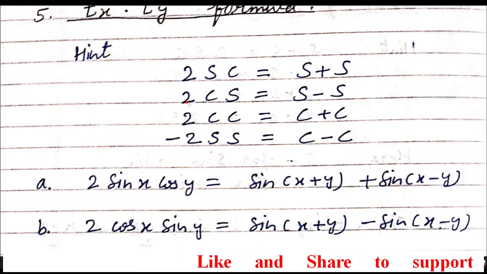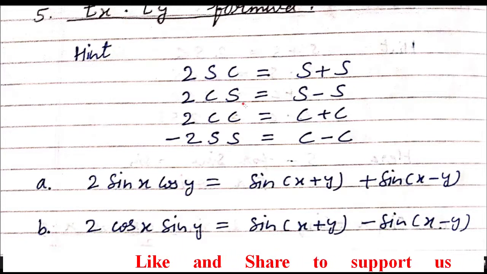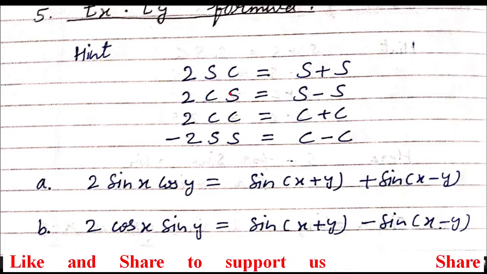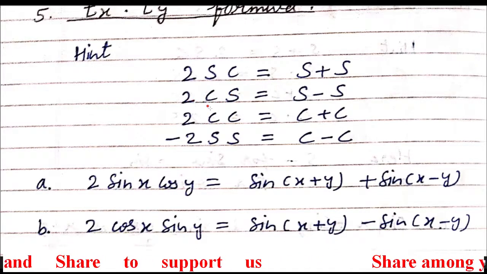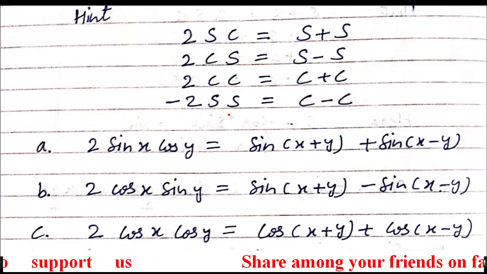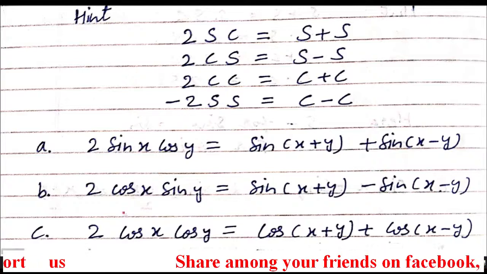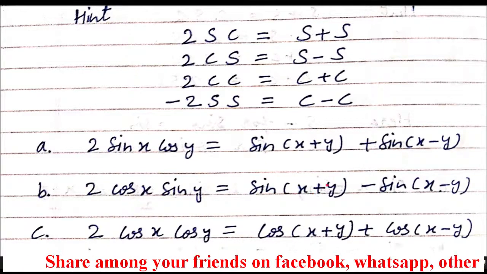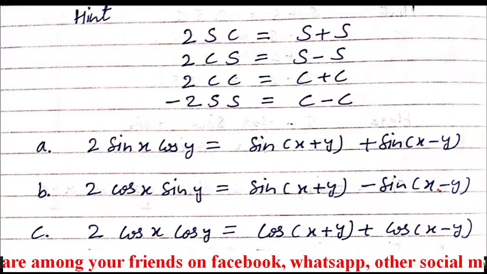Suppose we fill this line, 2cs is equal to s minus s. So it's going to be 2 cos x sin y is equal to sin (x plus y) minus sin (x minus y).